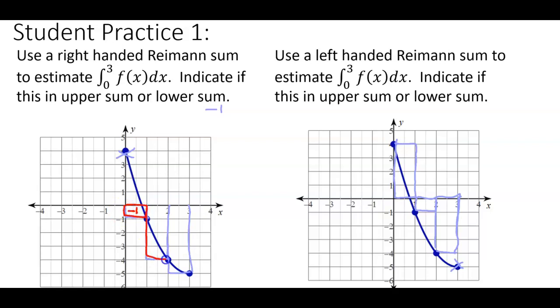How about this one? Negative what? Okay, so the base is, and the height is negative, of course, is -4. How about the last one here? Okay.